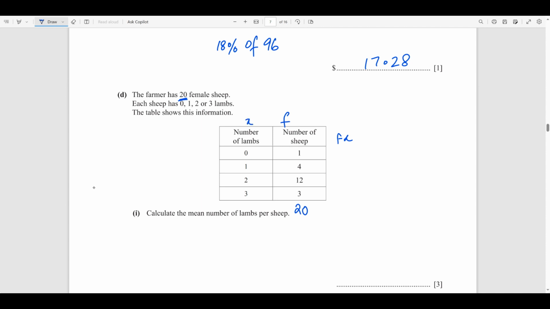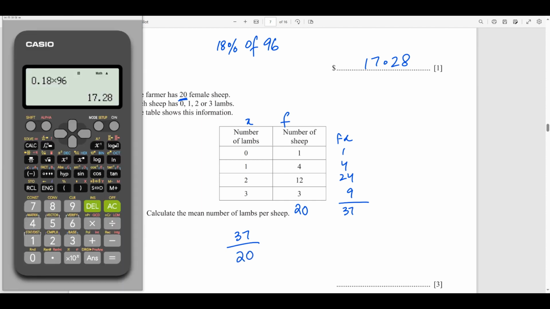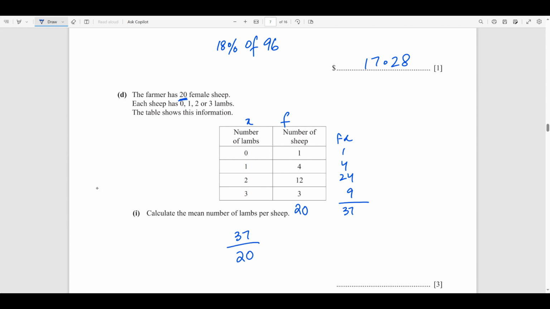So you first need to multiply them. So this is 1, 4, 24 and 9 together. When you add them all up, you will get 37. And the mean is the summation of fx divided by the summation of f, which is 37 divided by 20. 1.85 it is.